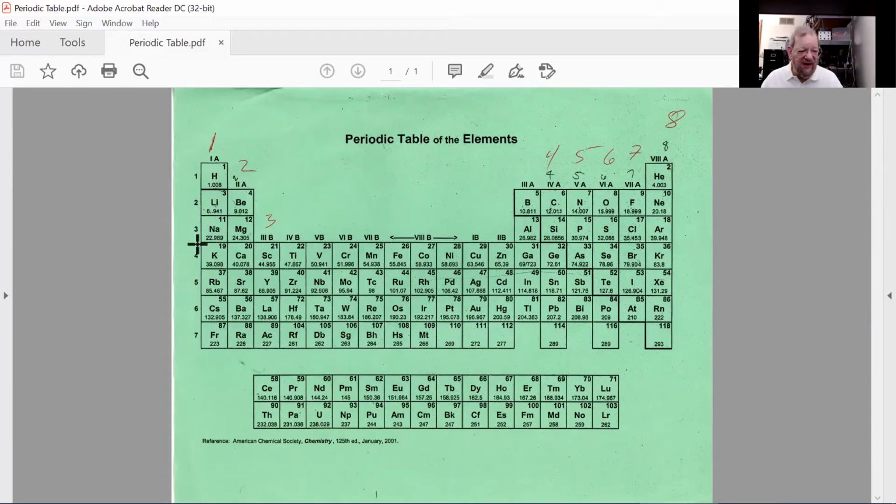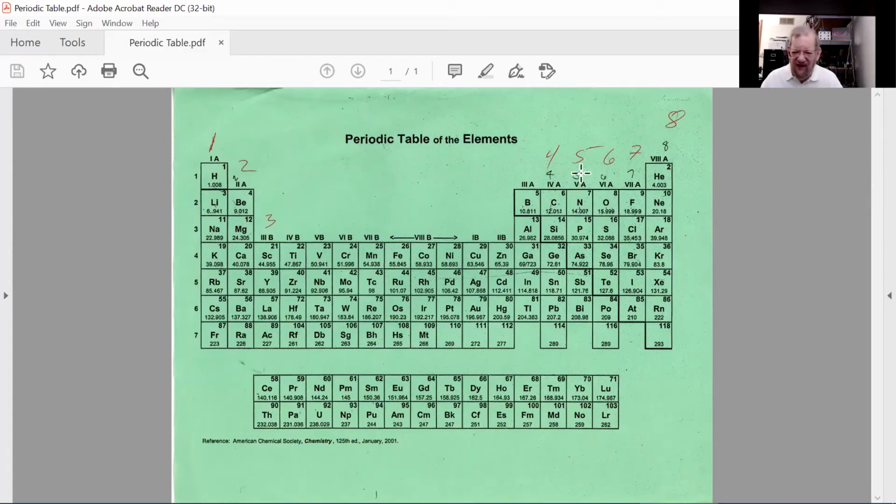Now, when you know 1 in a column or family, you know them all. Even though hydrogen is not an alkali metal, it's still in the same column. And for valence electrons, hydrogen also has 1 valence electron. Magnesium and calcium too. If I come over to my favorite element, carbon, I also like hydrogen a lot, and oxygen, nitrogen, but carbon is my favorite. It has 4 valence electrons. For those who don't know Roman numerals, IV is 4.